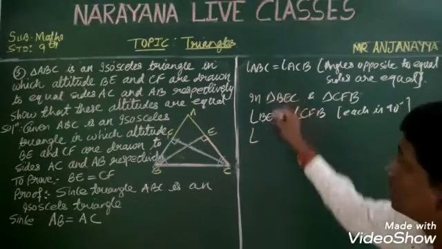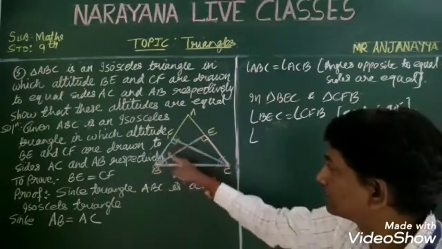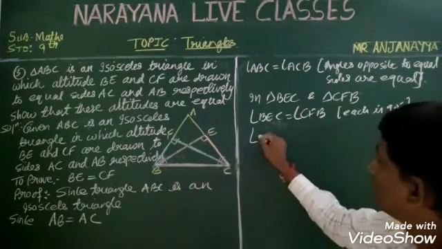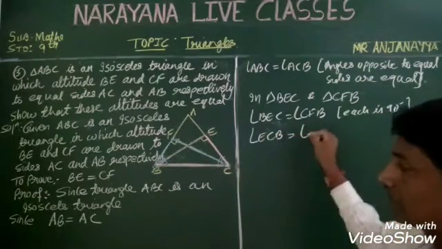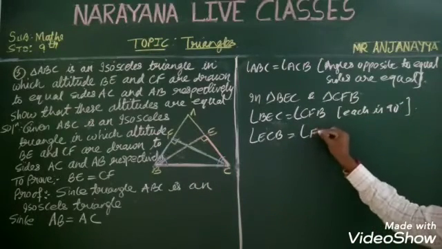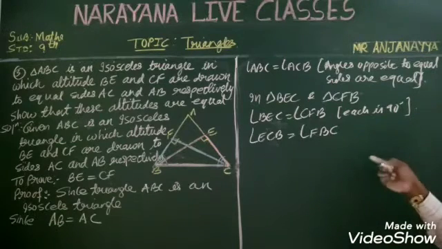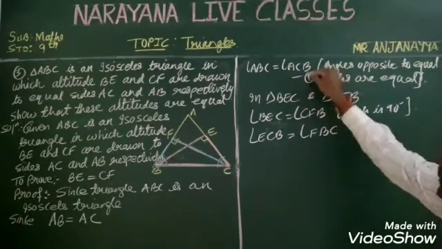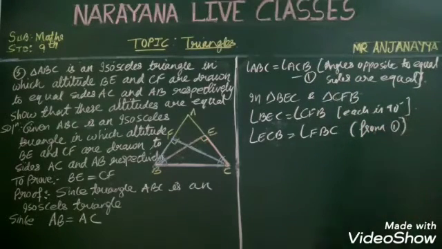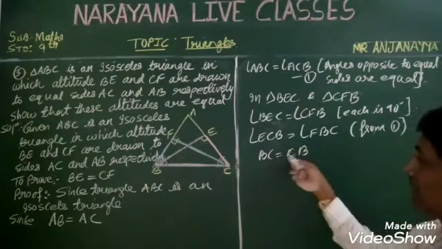Then just now we proved, for this angle, in this triangle and for this triangle, that is angle ECB is equal to angle FBC. We consider this as 1, so you can say from 1. Now BC is equal to CB. It is not on the same side.